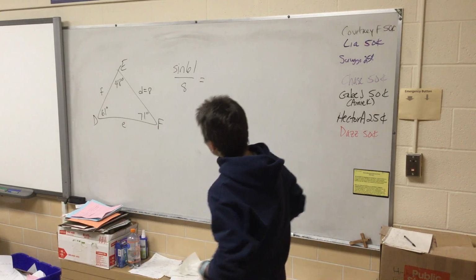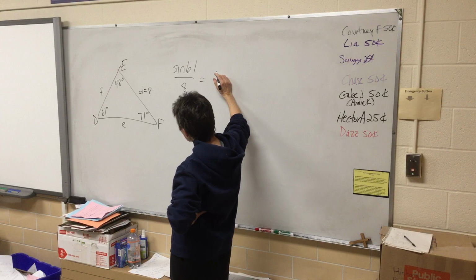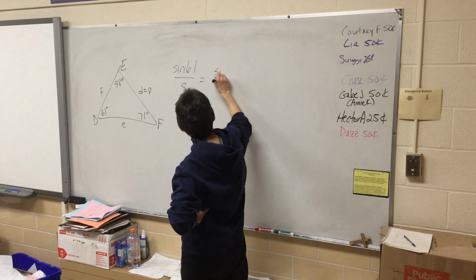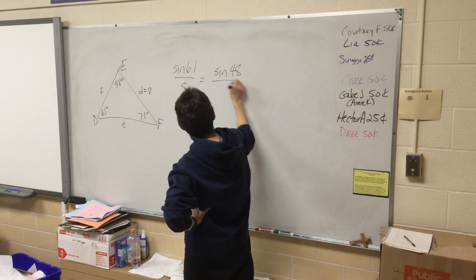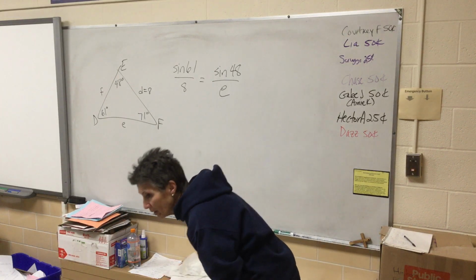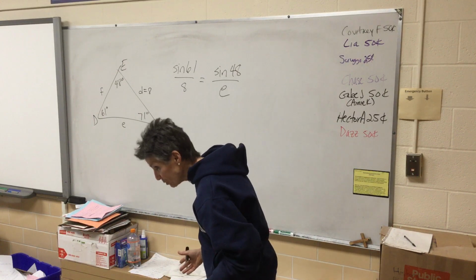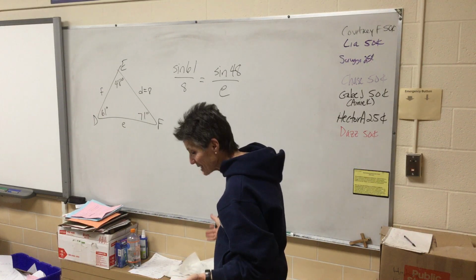All right, then what? What do you want to say next? Sine 48 over E. Exactly. Now, could somebody else do sine 71 over F? Yes. We're going to have to do them both, and the order that we do it doesn't matter.